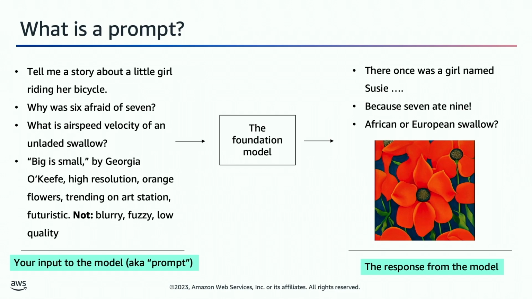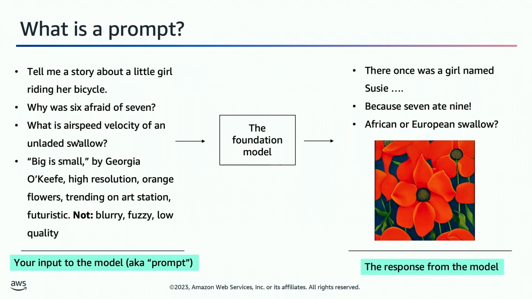It's your prompt. And so your prompt can be all sorts of things. If your prompt was, tell me a story about a little girl riding her bicycle, send that to your foundation model, and you'll get back some beginning of a story. You could send it, why was 6 afraid of 7? And your model will say, because 7 ate 9, or something like this.